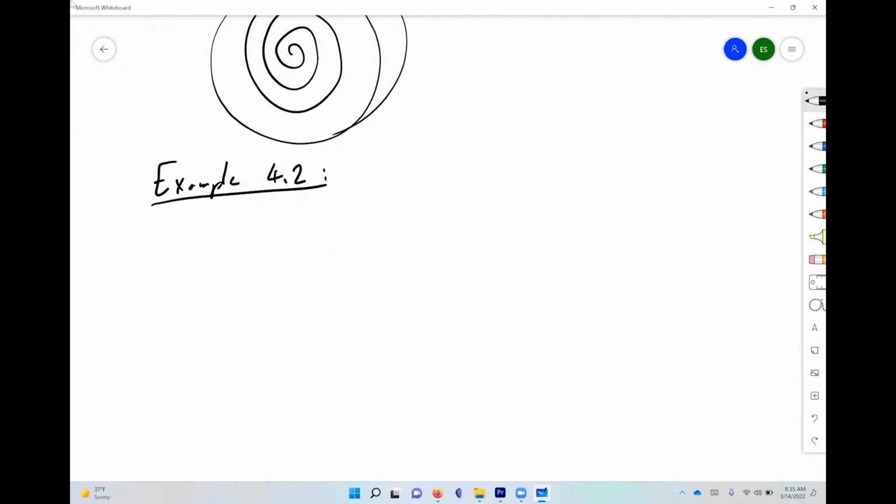Figure 4.4a shows that at a distance a from the origin you have shell number 1, and this shell has a charge minus q.